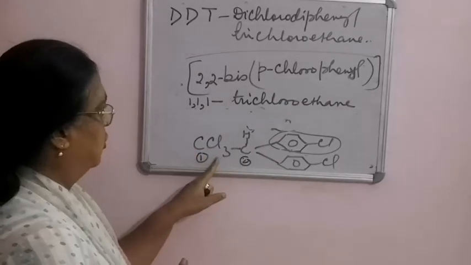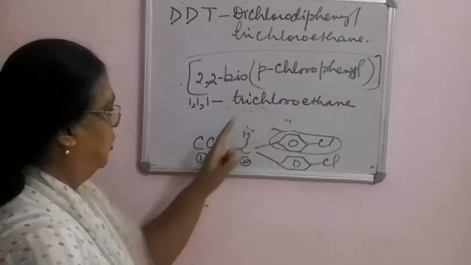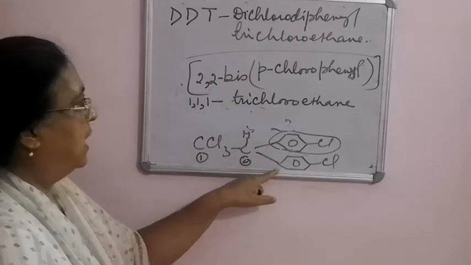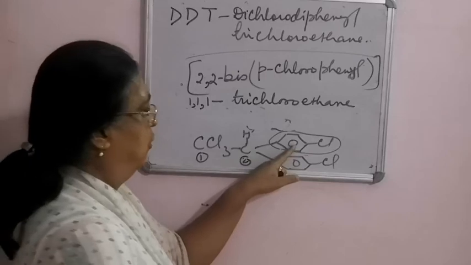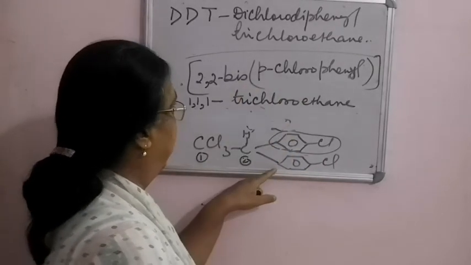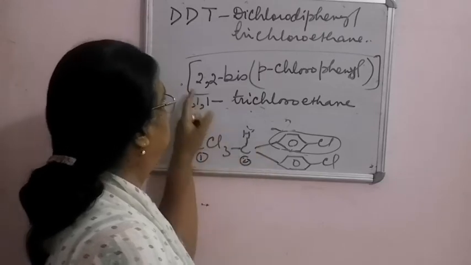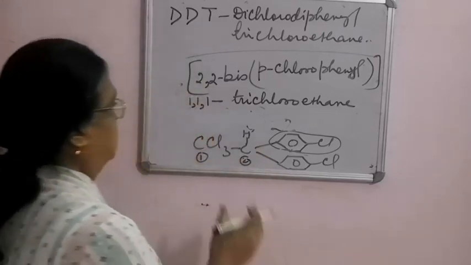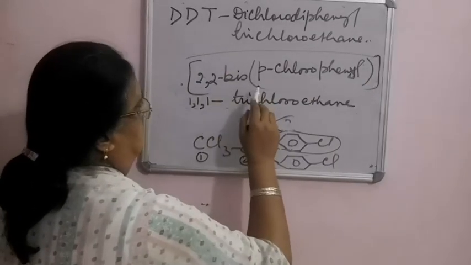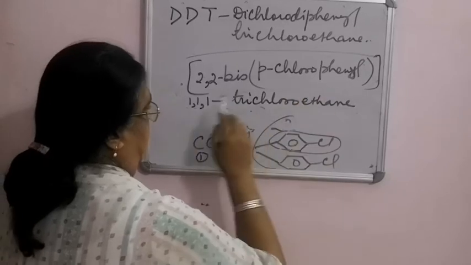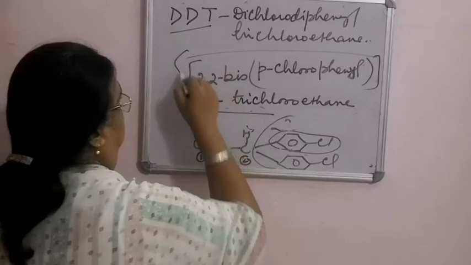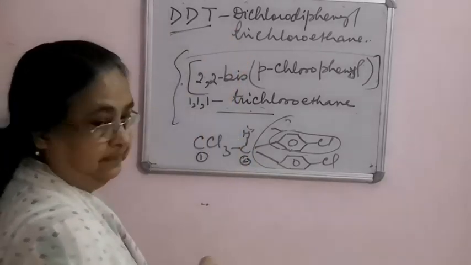We have chloro, how many? 3. Trichloro. At what position? 1, 1, 1, so 1,1,1-trichloroethane. This part is parachlorophenyl 2 times. So bis parachlorophenyl, both are attached to second carbon, so 2,2. This is the whole molecule, so we will put in the bracket 2,2-bis(parachlorophenyl)-1,1,1-trichloroethane. This is the IUPAC name of DDT.